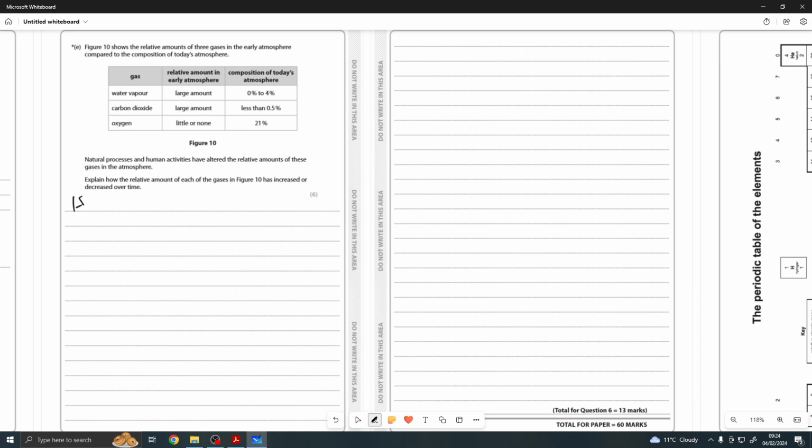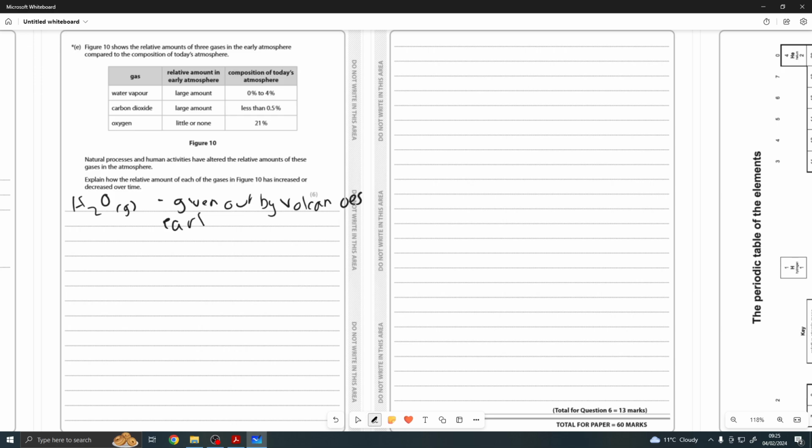So H2O, water vapor. That was given out by volcanoes. Now obviously lots of volcanoes erupting, Earth's very hot.